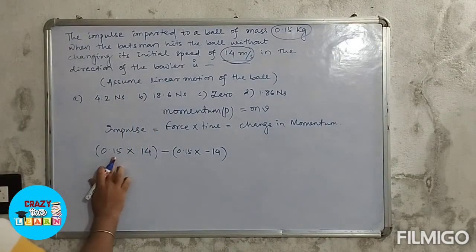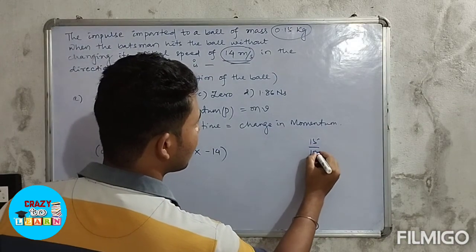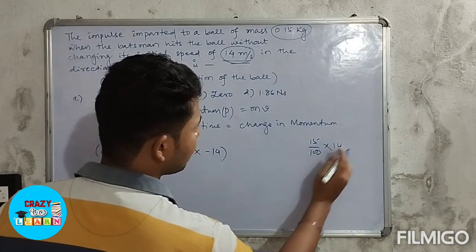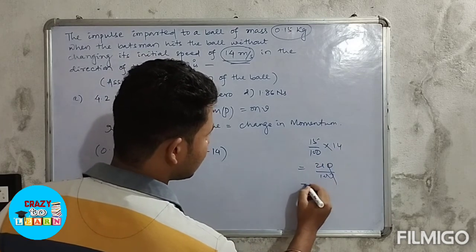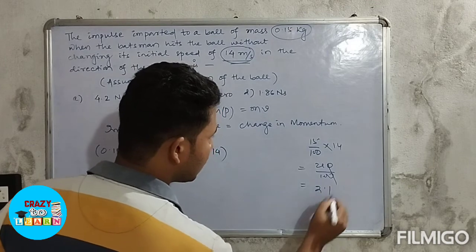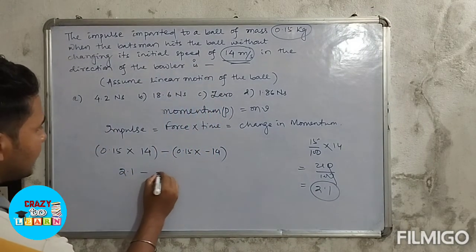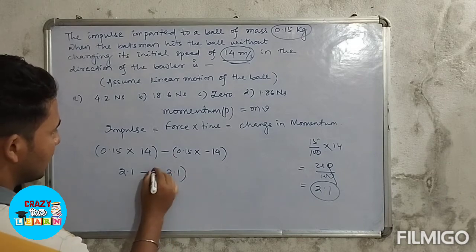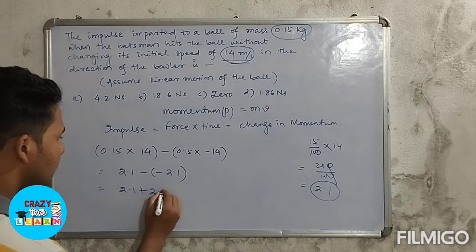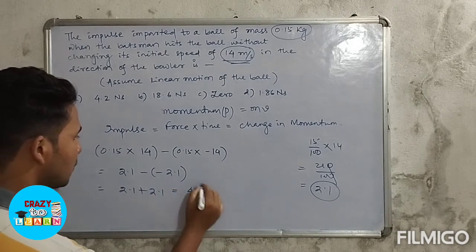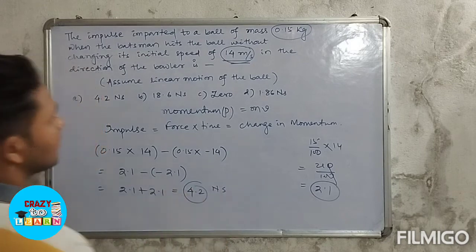What will you get? 0.15 into 14 means 15 by 100 into 14. 15 into 14 is equal to 210 divided by 100. 0 cancelled. 21 by 10 is equal to 2.1. Here we will get 2.1 minus of minus 2.1, which is equal to 2.1 plus 2.1, which is 4.2 Newton second.